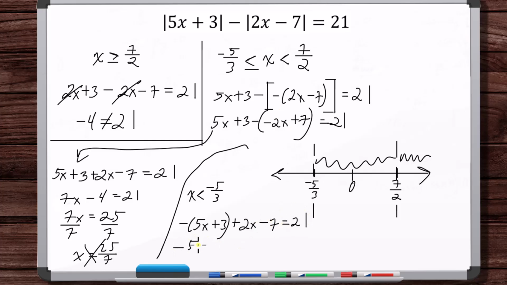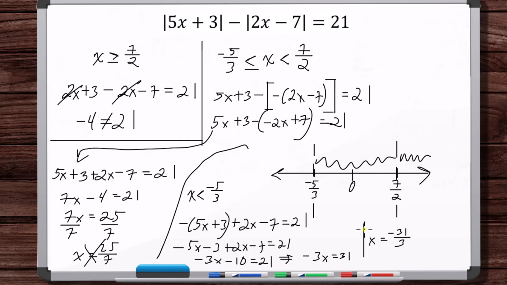Okay, so minus 5x minus 3 plus 2x minus 7 is equal to 21. So minus 5x plus 2x is minus 3x. Minus 3 minus 7 is minus 10. So minus 3x is equal to 31. So x is equal to minus 31 over 3. Is that less than minus 5/3? Yes. So this is the only solution.